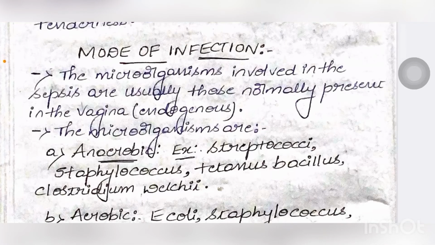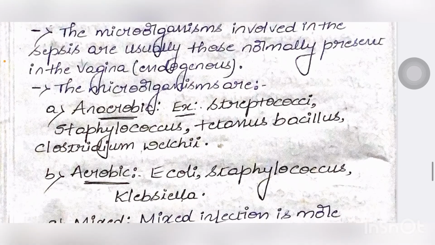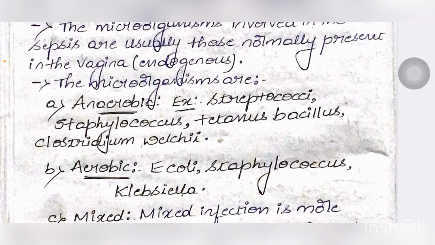What is the mode of infection here? The microorganisms involved in the sepsis are usually those normally present in the vagina. The microorganisms are anaerobic, aerobic, and mixed. Anaerobic, for example streptococci, staphylococcus, tetanus bacillus, Clostridium welchii. Aerobic, like E. coli, staphylococcus, Klebsiella.